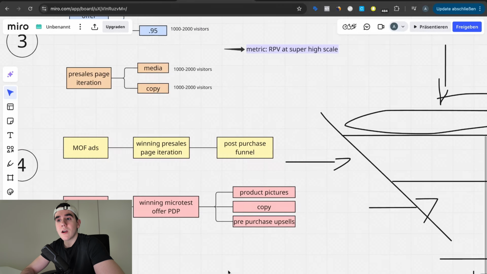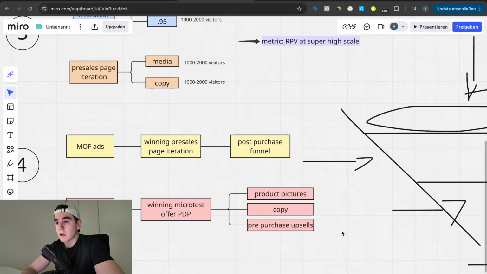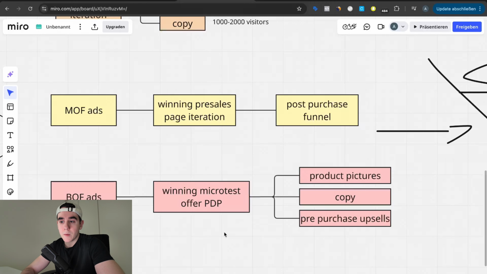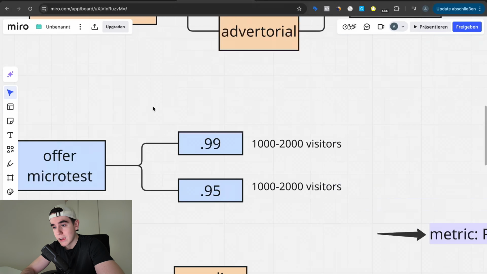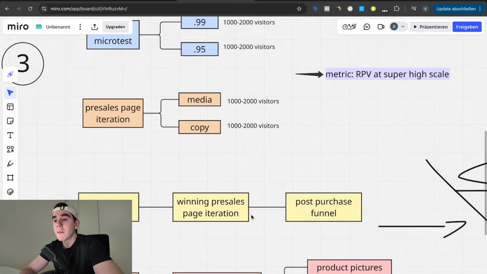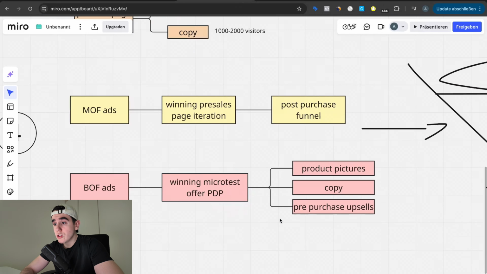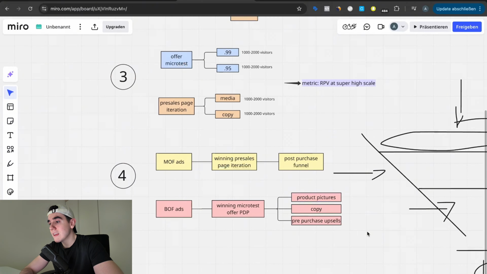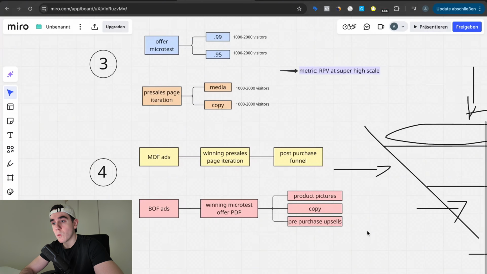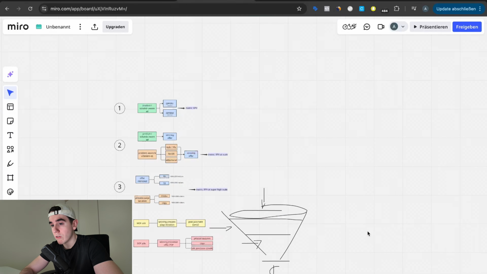Customers technically also count as bottom of funnel traffic. So what do you do to these people? Well, you obviously send them once again to the winning micro test offer up here. So 0.99 versus 0.95, for example. And then all you do is you do A/B tests on these things: pre-purchase upsells, website copy, product page copy, product pictures, guarantees, all that kind of stuff. So this is what your funnel structure should look like overall.